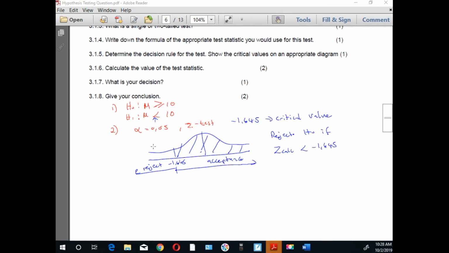Alright, we go to step 3. We find the test statistic. So we know Z calc equals x bar minus mu over standard deviation over root n.